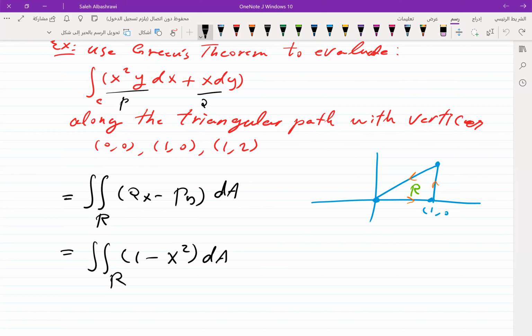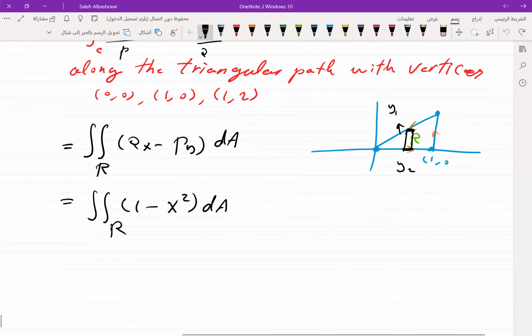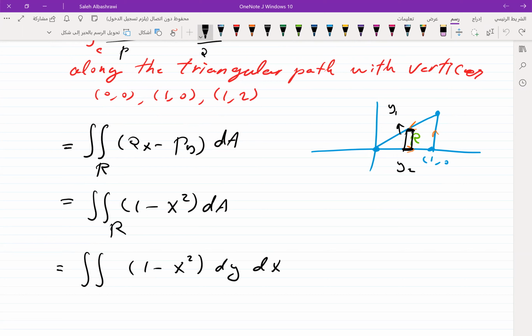For type 1, up to down. This is y1 and y2. So it is 1 minus x squared dy dx.